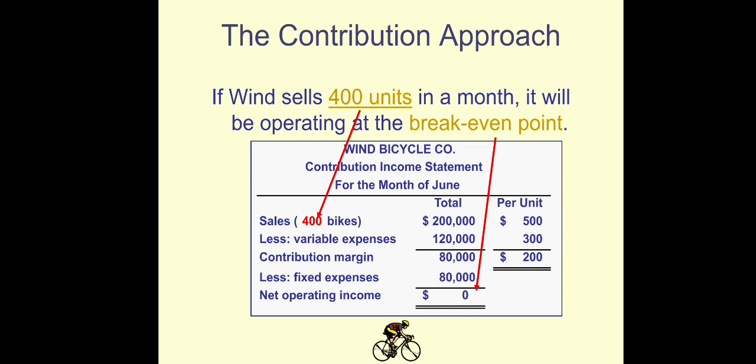If this company can sell 400 bikes, then the contribution margin of this business will become 80,000. The fixed cost is also 80,000. So in that situation, the business is achieving the break-even point.